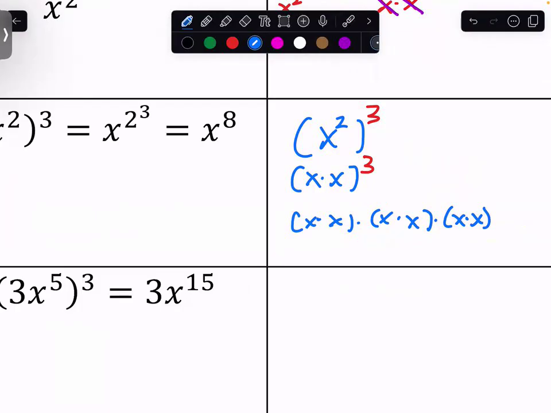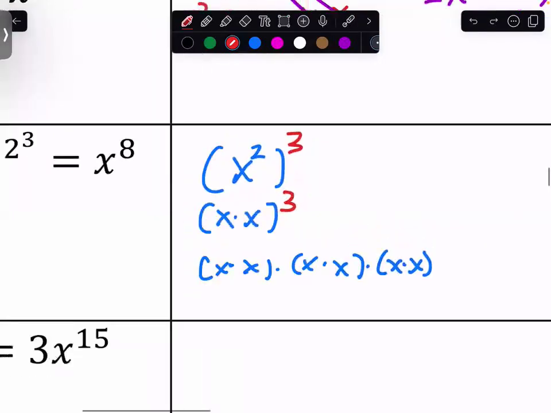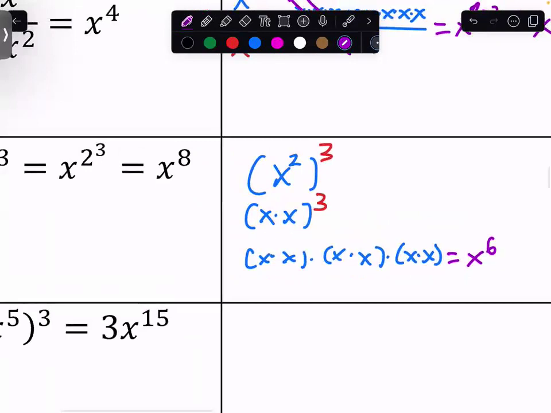Looking at it this way, we have 3 groups of 2 x's, or we can count one by one, 1, 2, 3, 4, 5, 6. So it turns out that x squared all to the power of 3 becomes x to the power of 6. Here we do multiply the exponents.